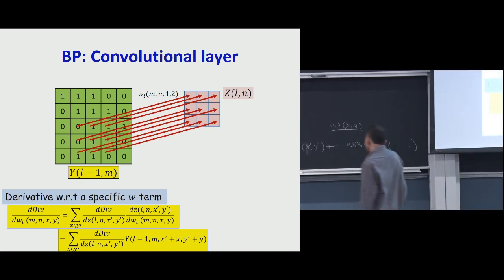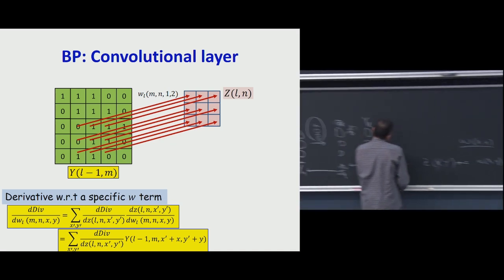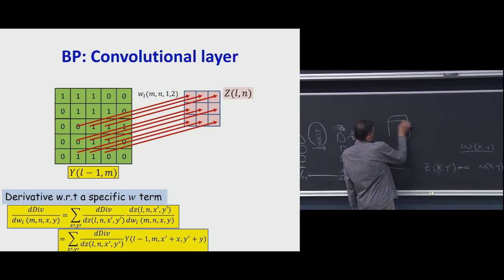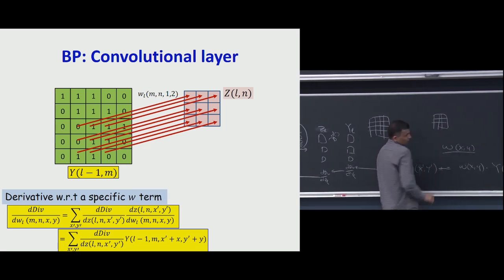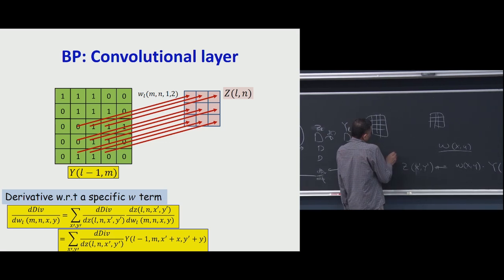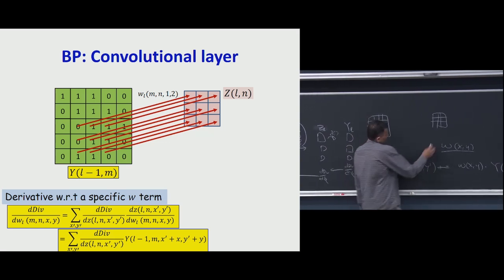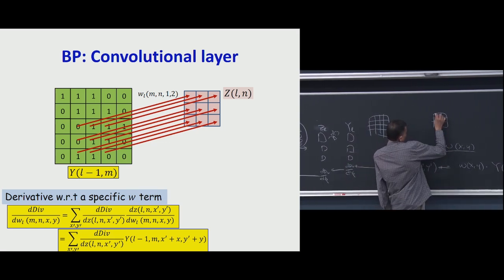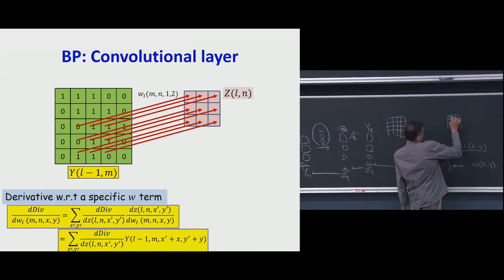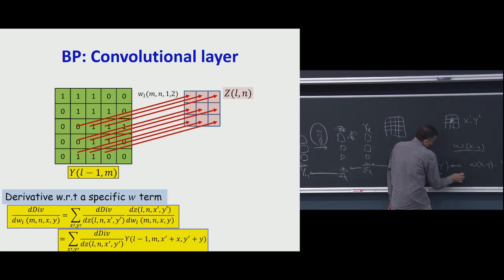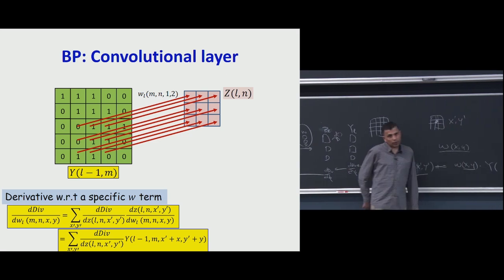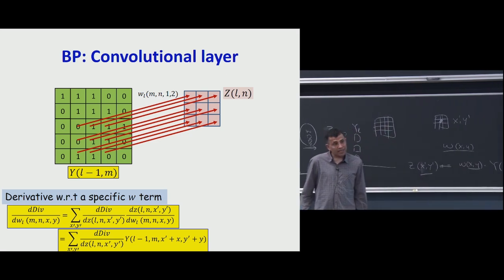So again, think about this, right? I have a y, this is a y map. I have a z map, okay? Now, I want to find out, so let's say I took z0, this is x prime y prime, okay? I want to find out which y contributed to x prime y prime through weight xy.